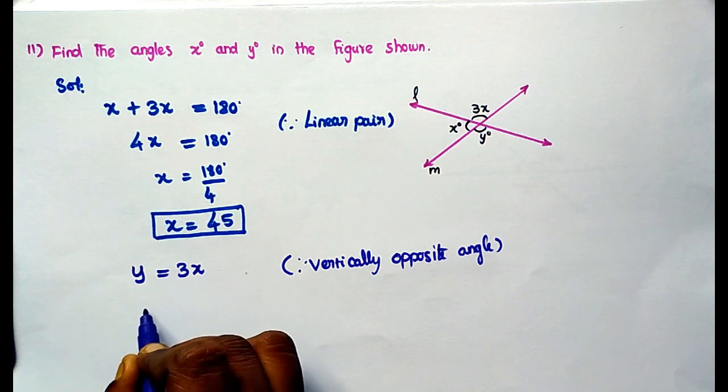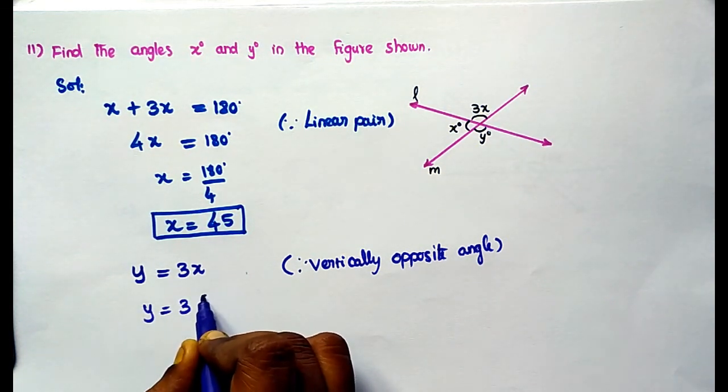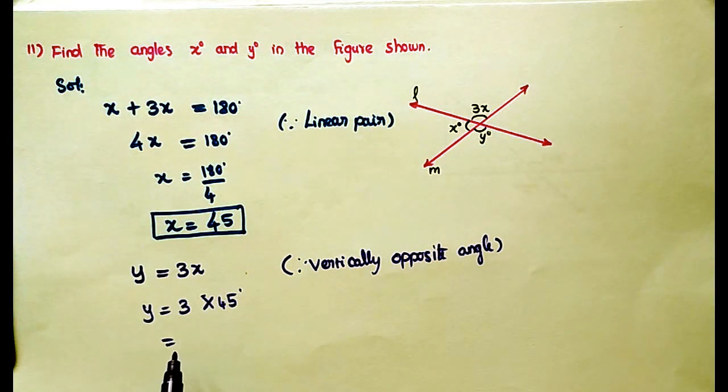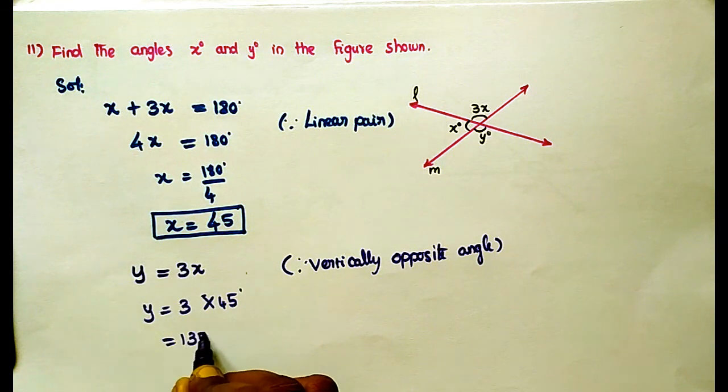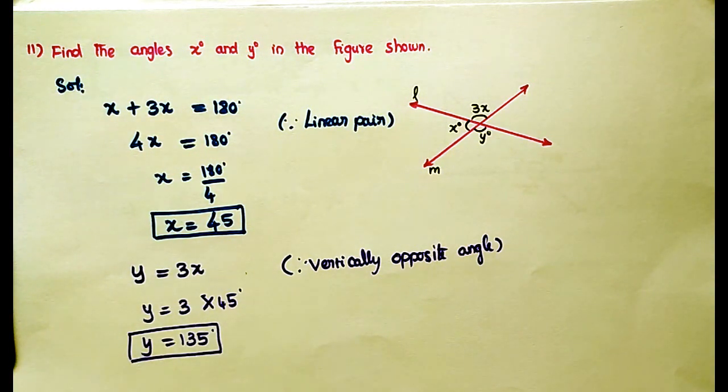So y equal to 3 into x value, we know that is 45. So 3 into 45, 135 degree, that is y. That is the answer.